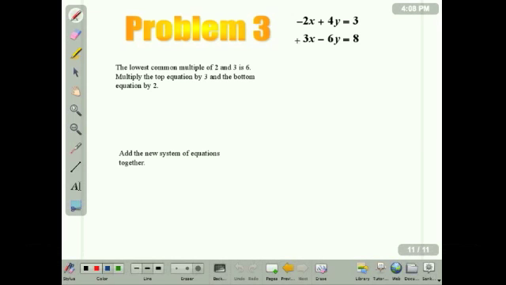Lastly, we have a situation where I want to eliminate my x's, so I'm going to multiply this one by a 2.